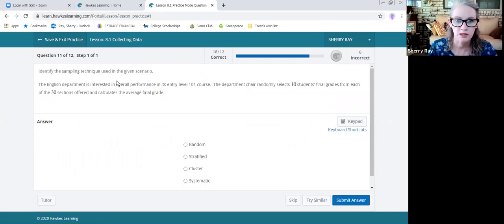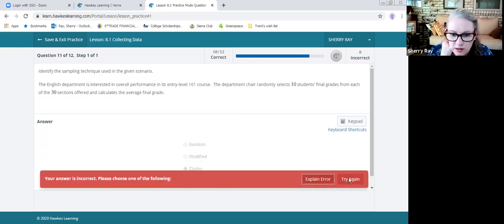the English department is interested in overall performance of the entry-level course. Okay, department chair selects 10 students' final grades from each of the 30 sections. I guess we did the same problem before, and I thought that was a cluster. I'll try again.